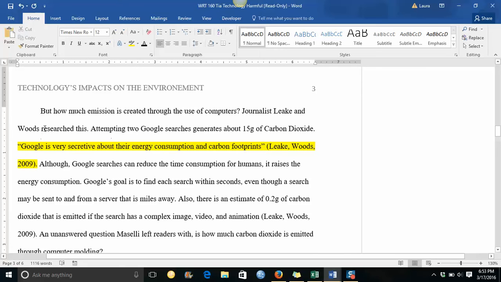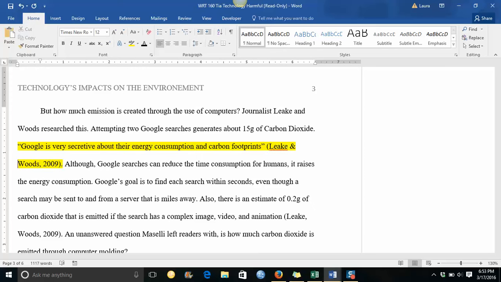Sorry, I was thinking computer stuff. So I would put those two together so that it's not just hanging out there. And then don't forget, if you have two authors, you want Leak and Woods.